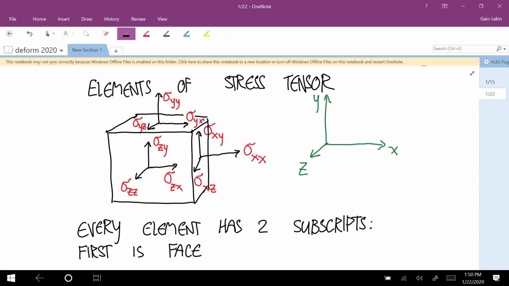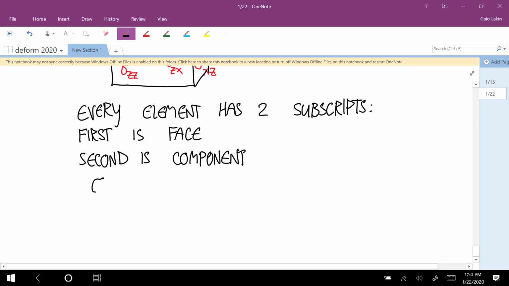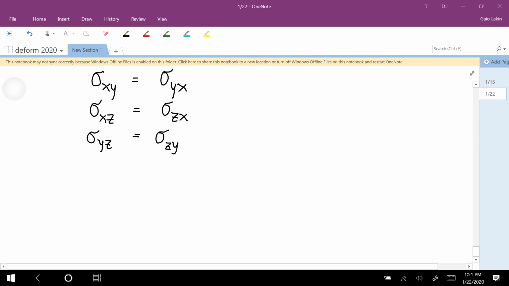That's 9 values, but the requirement to prevent angular acceleration says sigma XY is equal to sigma YX, sigma XZ is equal to sigma ZX, and sigma YZ is equal to sigma ZY. So this stress tensor is represented by this 3x3 matrix.